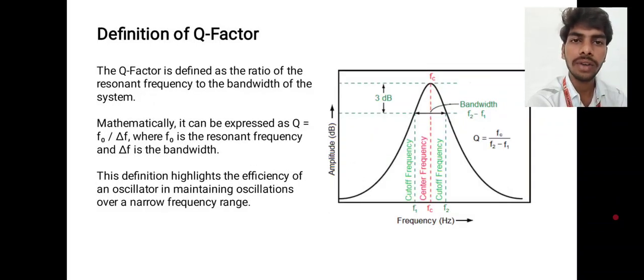Definition of Q factor. The Q factor is defined as the ratio of the resonant frequency to the bandwidth of the system. Mathematically, it can be expressed as Q = f0 / Δf, where f0 is the resonant frequency and Δf is the bandwidth.